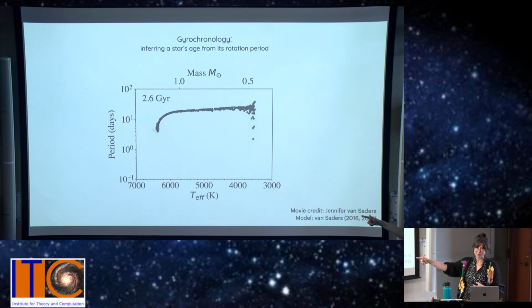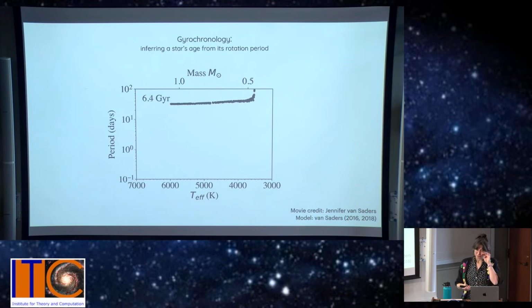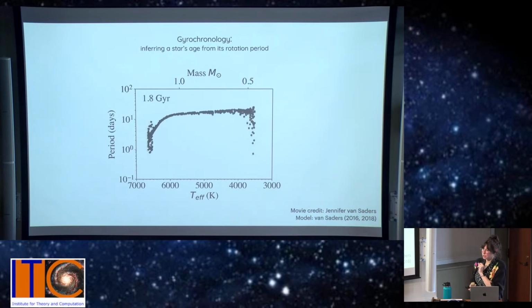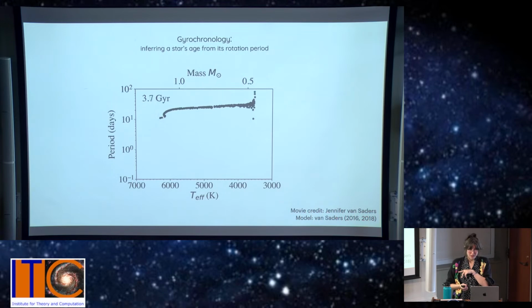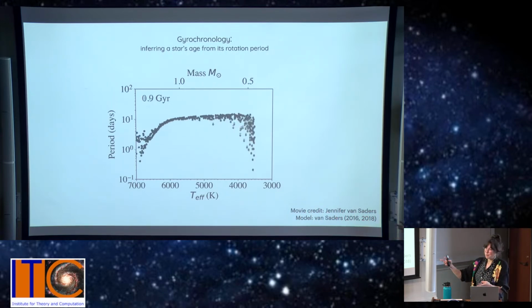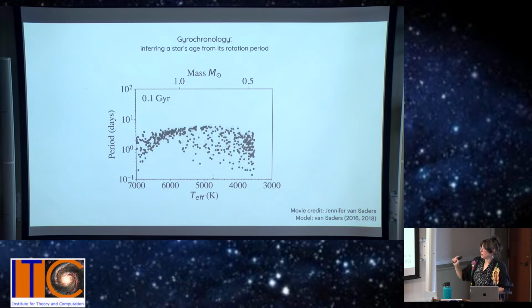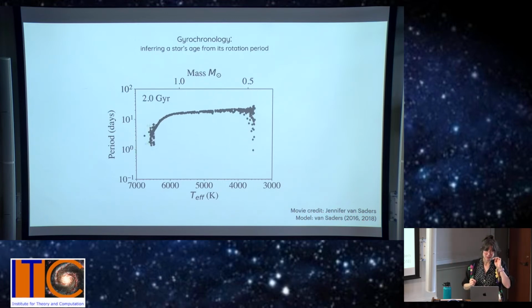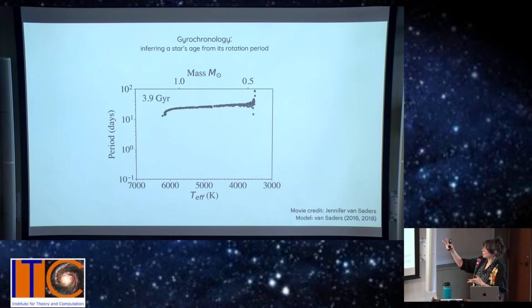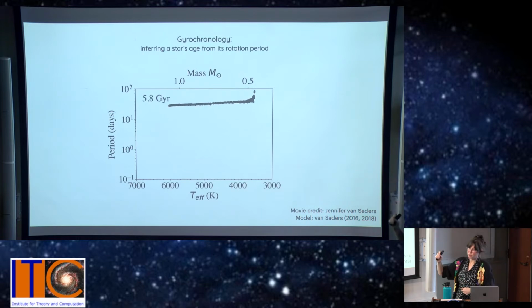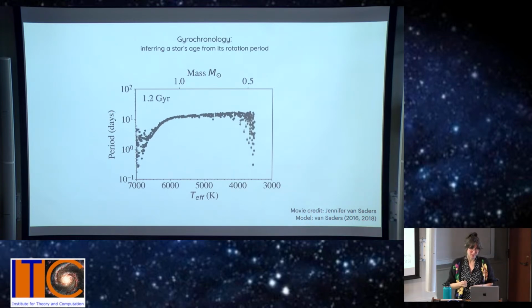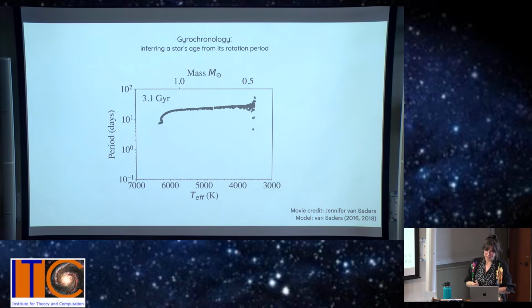So massive stars are on the left, low mass stars are on the right. And this is a model from Jen van Saders, which shows a kind of nice picture, if you will, of how you can measure the age of a star if you know its rotation period and its temperature. There is a relatively simple relation you can read off of this graph. If you have the rotation period and temperature of your star, you can infer its age.